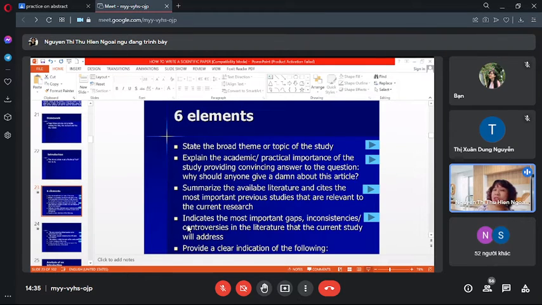Okay, now I'll just give you an example. This can be considered as the wrong opening statement. Why is it wrong? And the second one is the correct one, right? The second one is more effective. And why is it more effective?